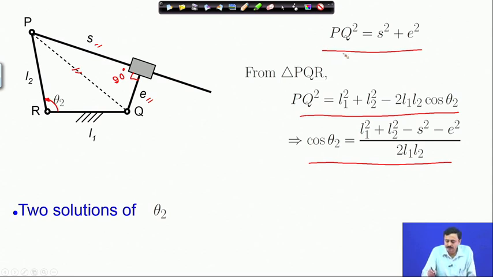So, I have put this expression of PQ square in this to finally obtain this relation. Now, this equation, this is the displacement relation, relates theta 2 and S.